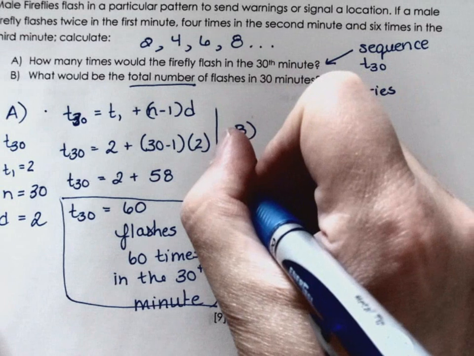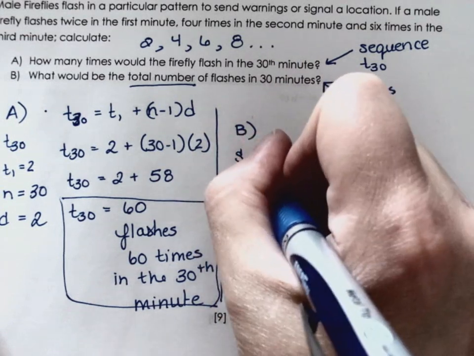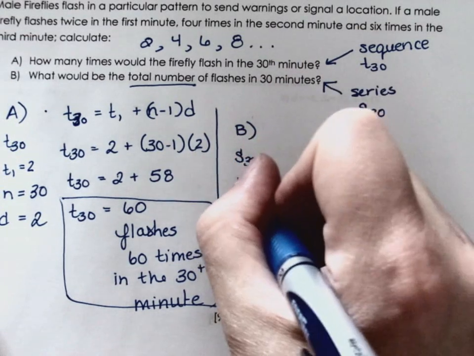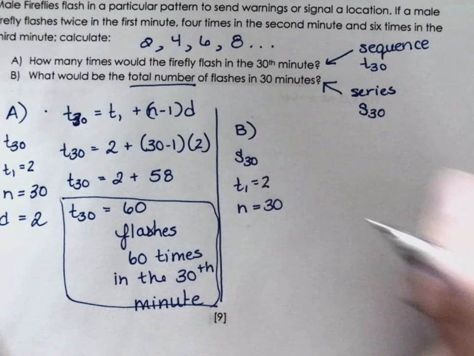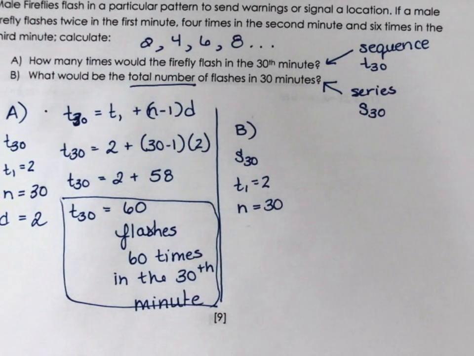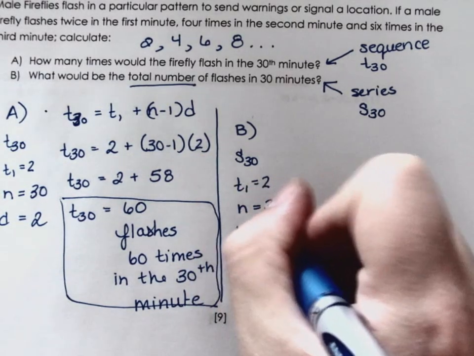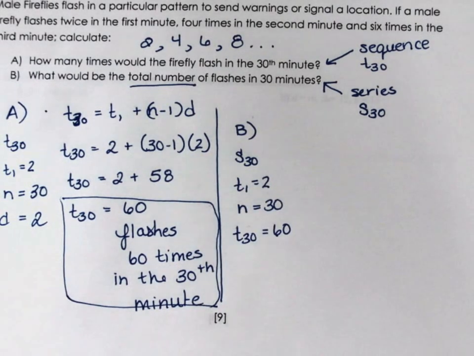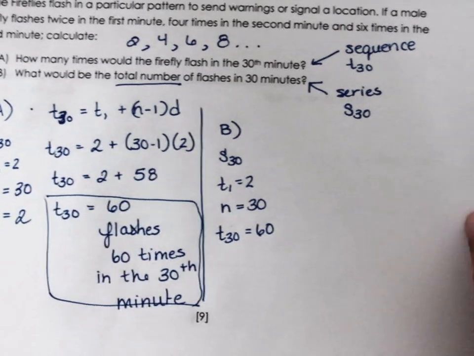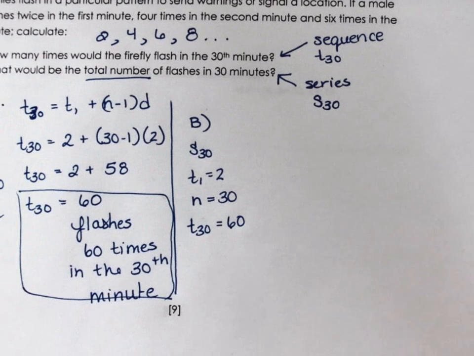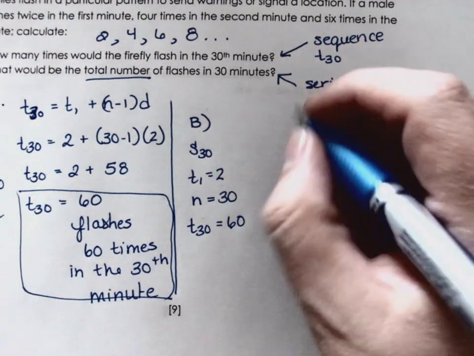How come? It's more simplified. It is more simplified, but what piece of information do I need to answer? Tn. I need Tn. I just calculated it in part A, so I can definitely use it. And if I know that, then I can use option 2. It's more simplified, nice and easy. But if you're not confident with that, you can totally use option 1.